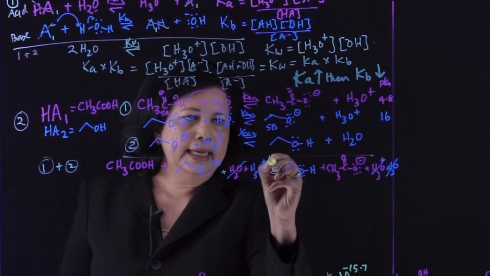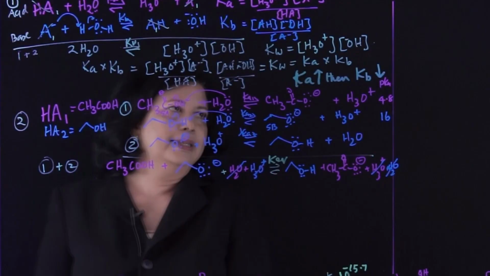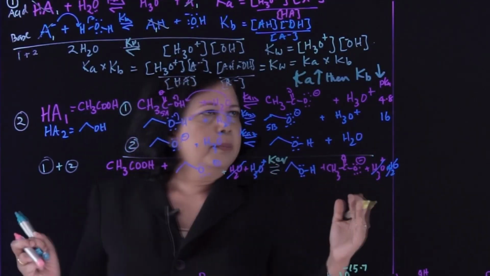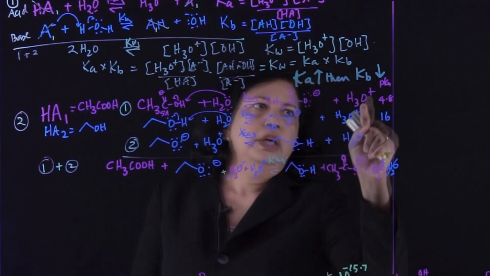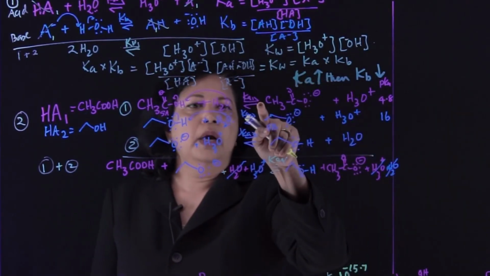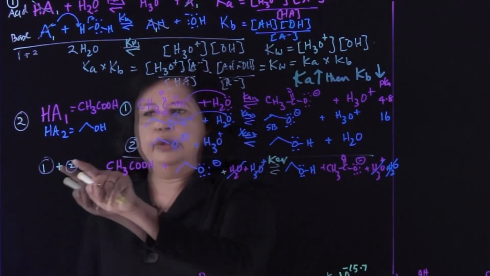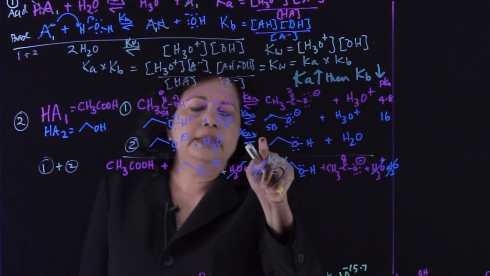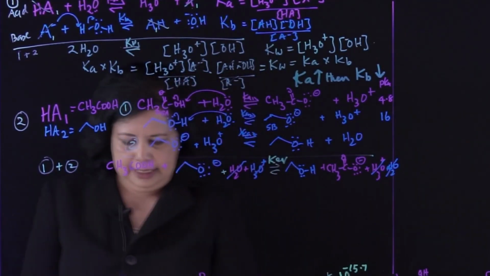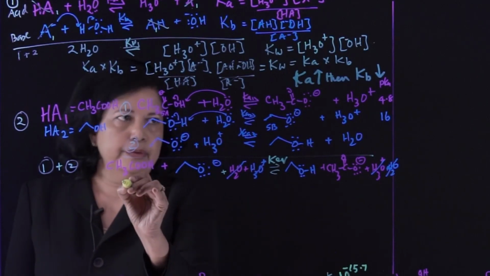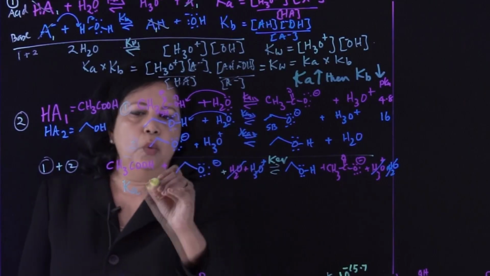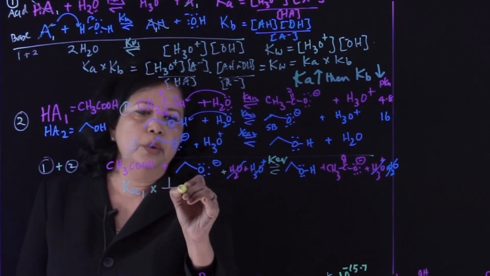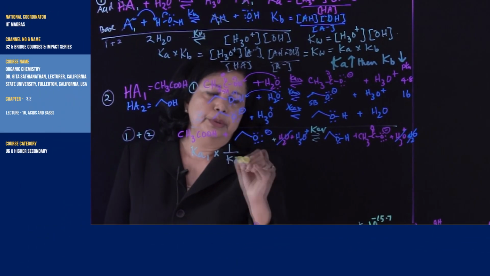So K equilibrium is this. So let's talk about this in terms of pKa values. So therefore here, this is going to be Ka1, this is 1 over Ka2. So when you add the equilibria, you multiply the equilibrium constant. That's something that you know from before. So K equilibrium is going to be Ka1 times 1 over Ka2.